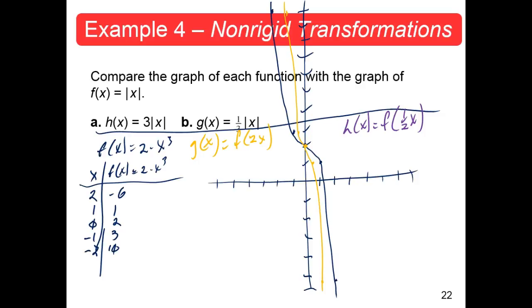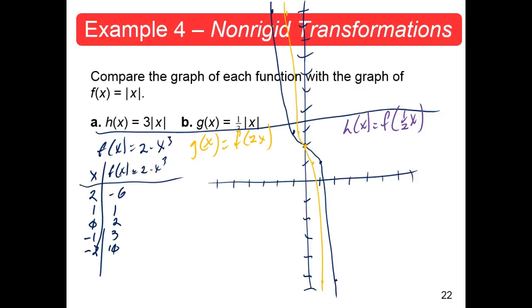Now, the first thing you may be able to do, since you're dealing with the x here, is that it's going to be horizontal, one way or the other. This was a shrink because everything with x is backwards. Multiply by 2, that's a shrink. Dividing by 2 is a stretch, and it's going to double the x values, keeping the y's the same.